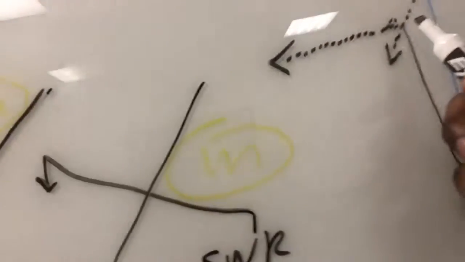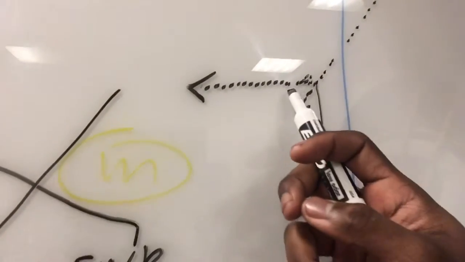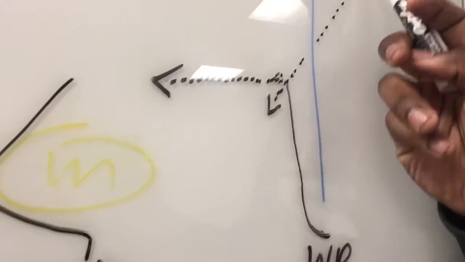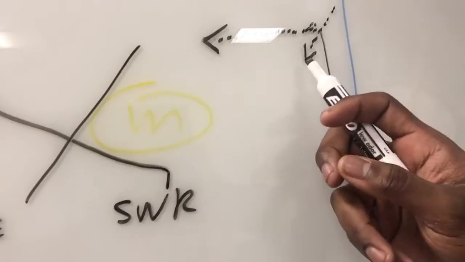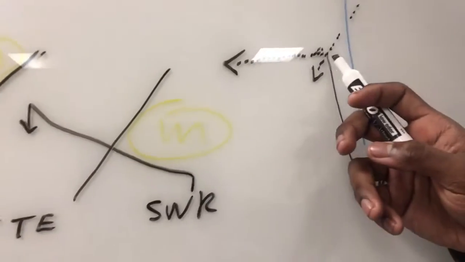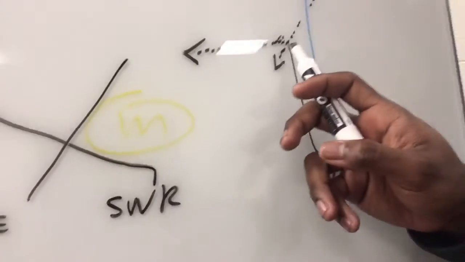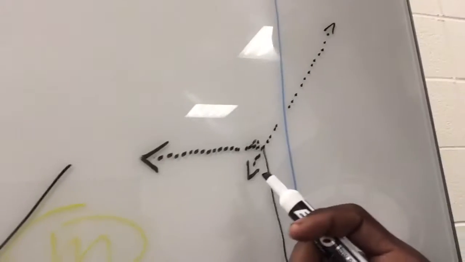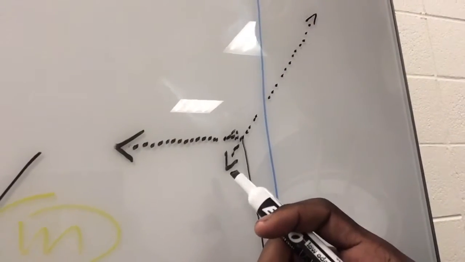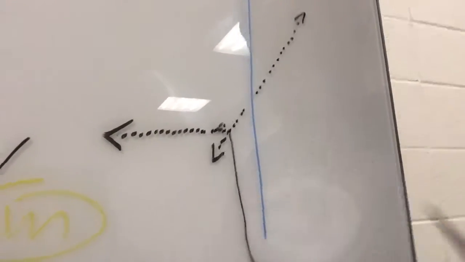Against man coverage, the wide receiver would decide to either run the dig or the corner. Against zone, the wide receiver will run the hook. Well, we're talking about zone coverage, so they're going to run that hook. Well, actually, that's a curl. They're going to run that curl right there. See where that bottom arrow is pointing downward? That's the curl right there.